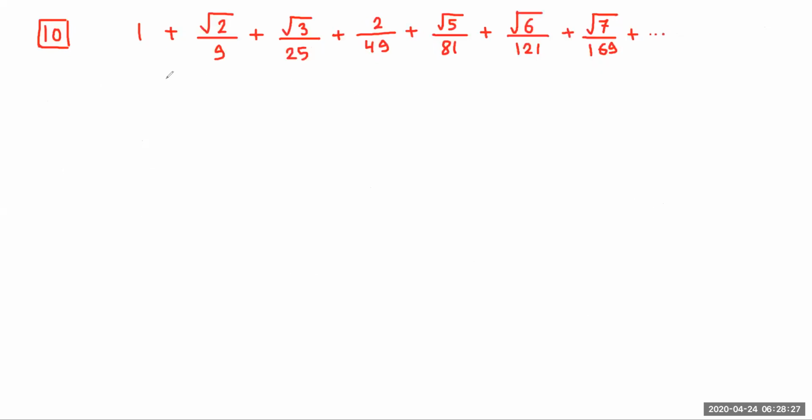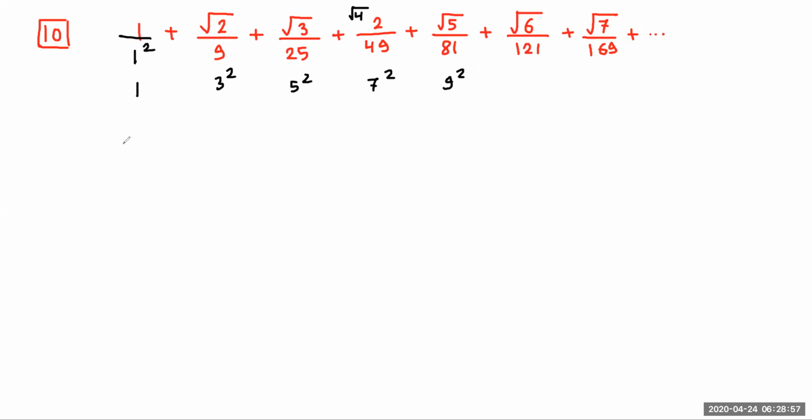The last exercise here: 1 plus root 2 over 9 plus root 3 over 25 plus root 4 over 49. So here, 3 power 2, 5 power 2, 7 power 2, 9 power 2, and here 1 over 1 power 2.